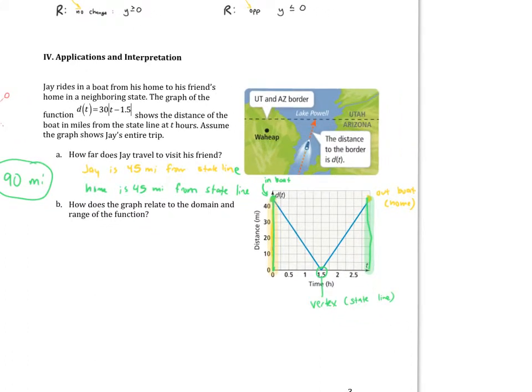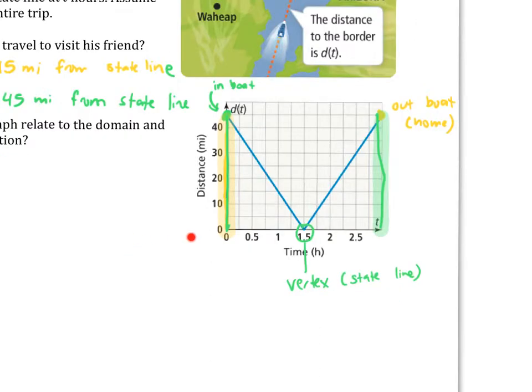All right. The next question is about interpretation. How does the graph relate to the domain and range of the function? So we look at the domain down here, h, and the range is here. Context says down here, the domain is how long it takes for him to travel.